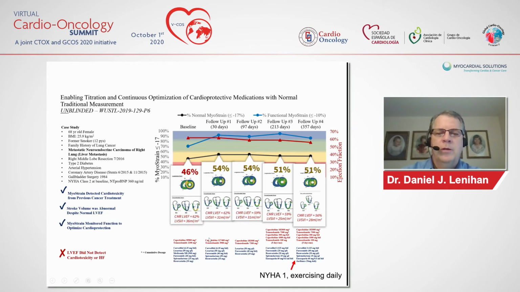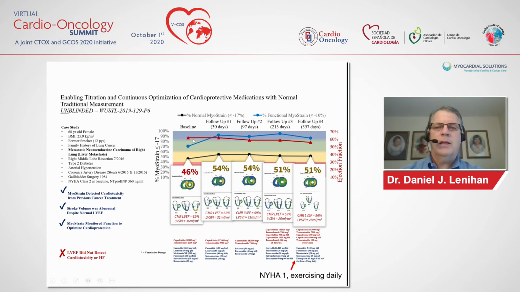As the patient was continuing to receive active cancer therapy, and at baseline she had NYHA class 2 symptoms, she underwent optimization of her heart failure therapy, and the myostrain value improved over time. So despite ongoing chemotherapy, the actual strain values improved.